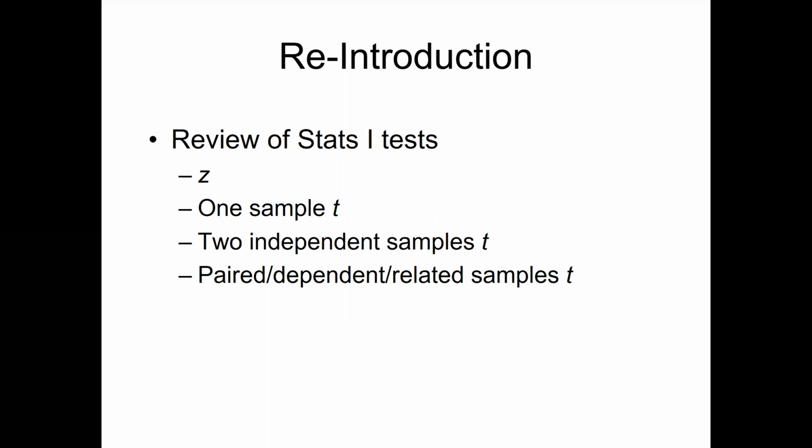In the one sample t-test, you compare your single sample to the target mean or the population mean, if you know the population mean. But rather than use the population standard deviation, you use the standard error of the mean, which is the standard deviation divided by the square root of n.